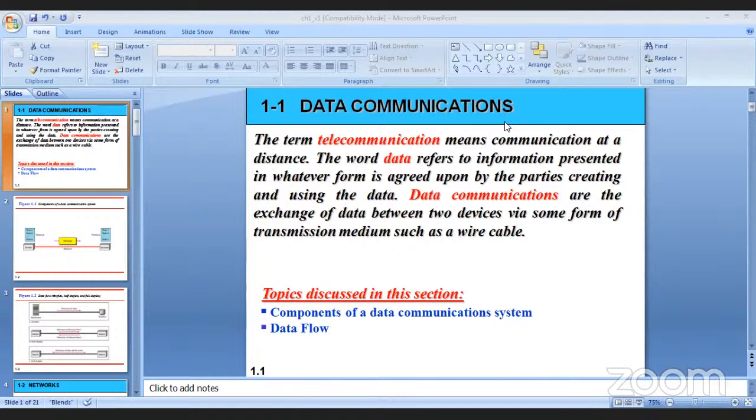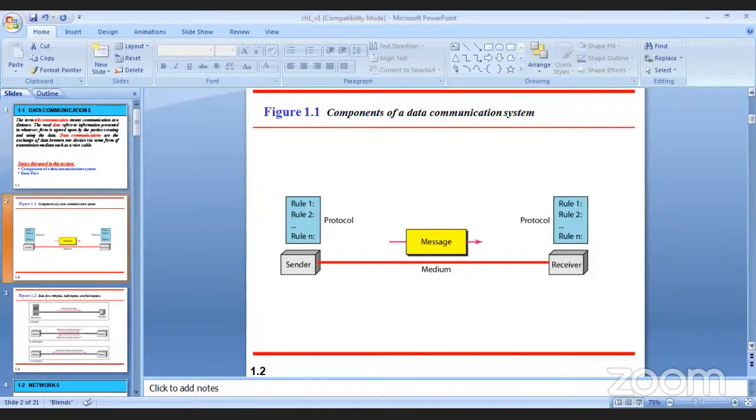So data communication is the exchange of data between two devices by some form of transmission medium, such as a wire cable. Now see the diagram, the components of a data communication system. Now what are the components?